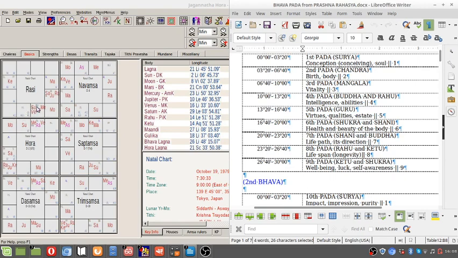bad things we can expect from Venus, but in great, Venus is in own house, it makes Venus feel proud. It is delighted by its friend Mercury. So more than not, we can expect good results from Venus.